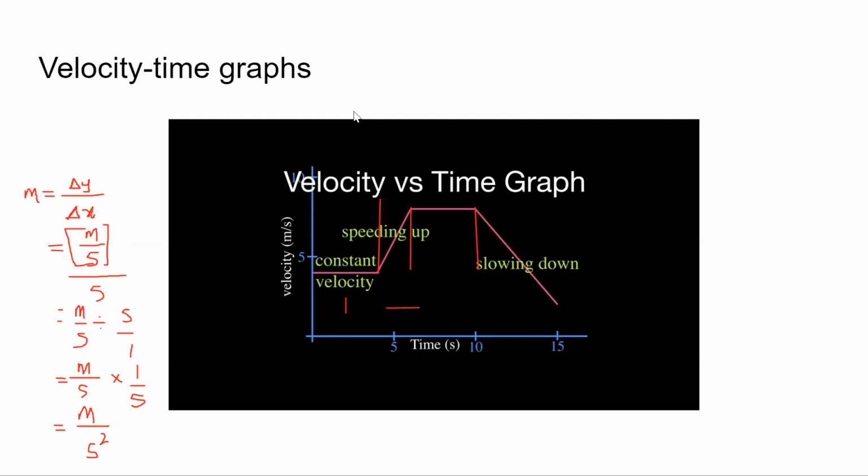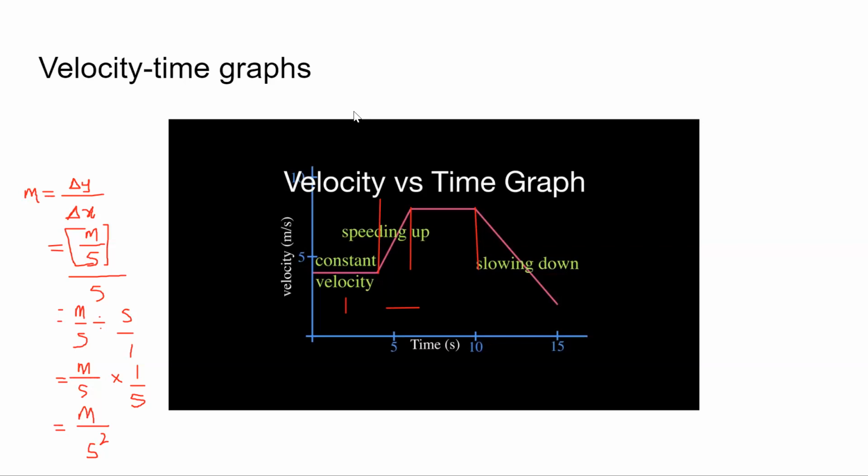And here in the third segment, we just have a constant velocity, but it's a higher velocity. So a higher velocity means that the object covered a greater displacement for that portion of time. And then when it's slowing down, same thing, it's just a negative slope. So the change in velocity over that time would be negative.